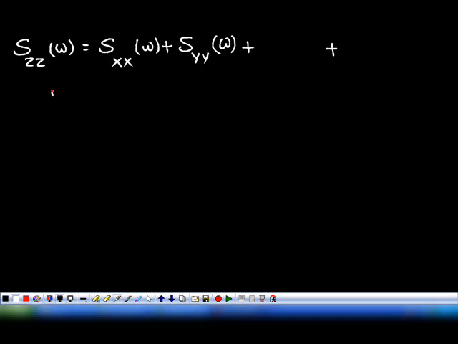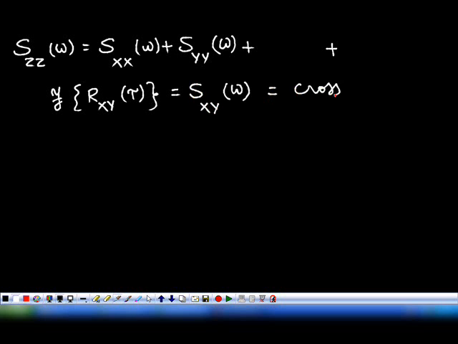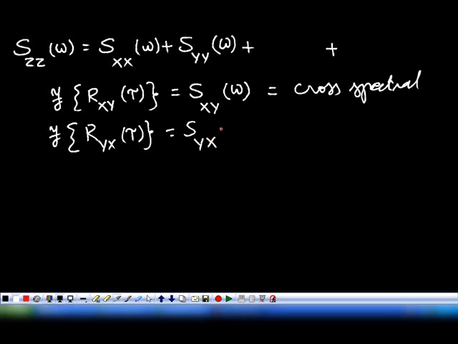The Fourier transform of the term Rxy of tau, the cross correlation function, is denoted as Sxy, the cross spectral density. Similarly, the Fourier transform of Ryx of tau is denoted as Syx of omega.